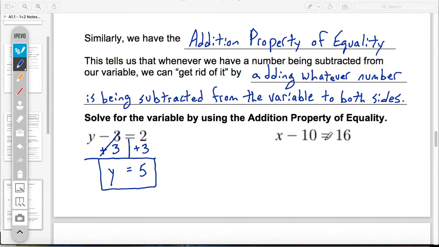On this side, t-chart, 10 is being subtracted this time from my variable x, so I will add 10 to both sides. So negative 10 plus 10, they cancel. I'm left with x equals 16 plus 10, which happens to be 26.